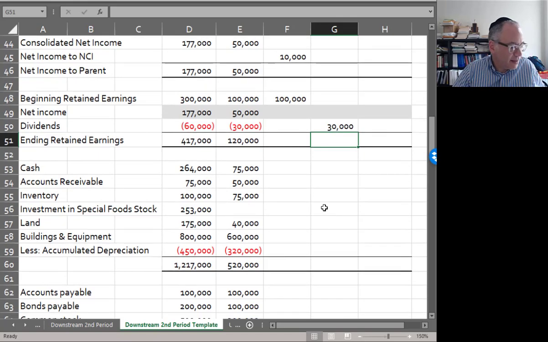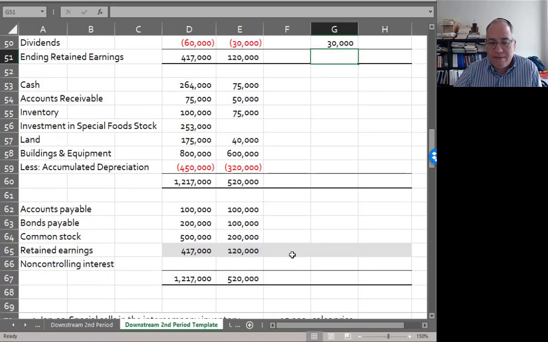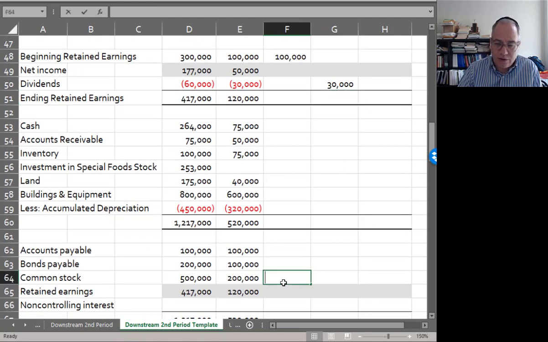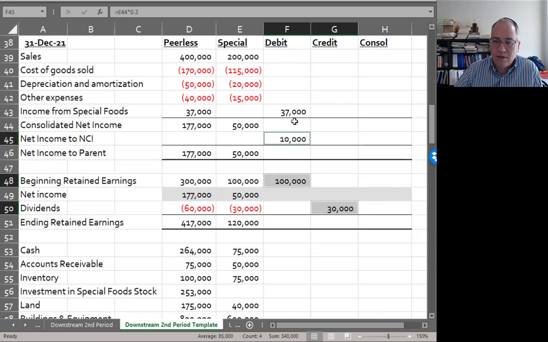And I think I got, and debit common stock for $200,000. And the difference between all of these is going to go to the investment account.